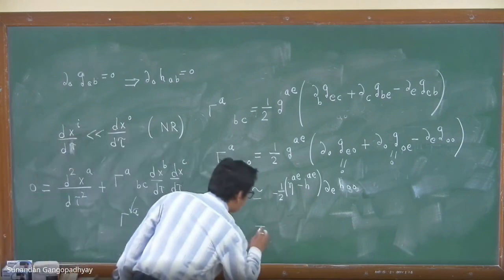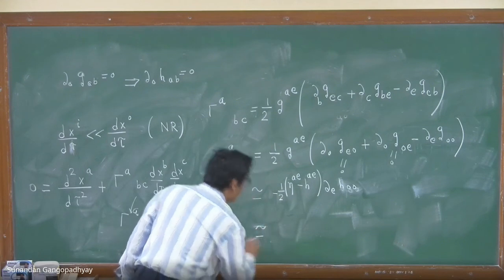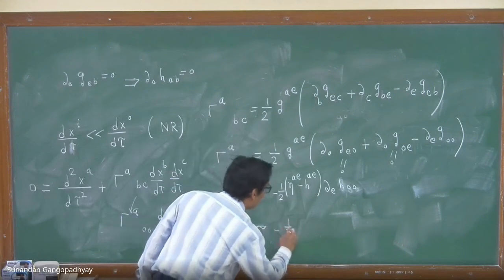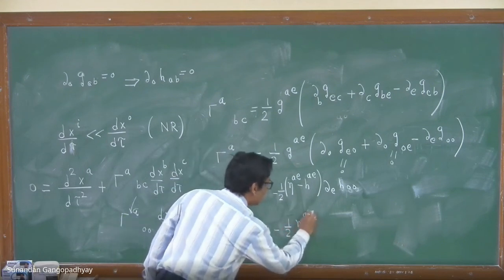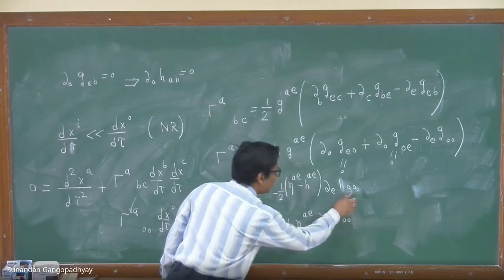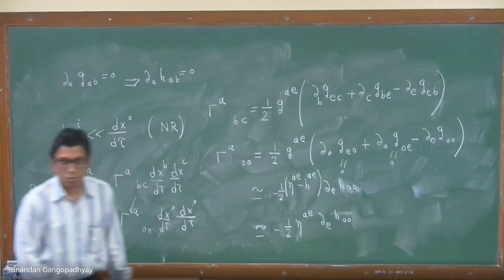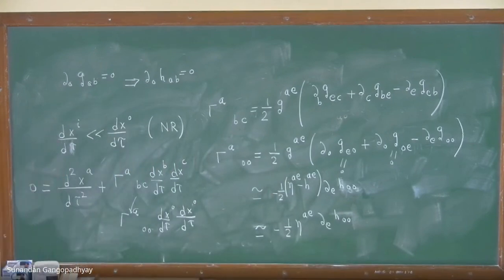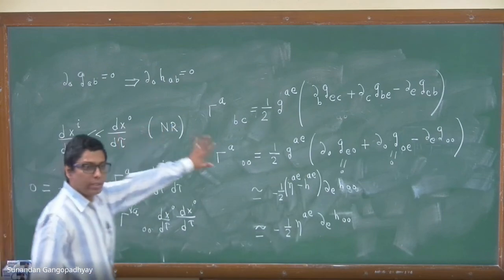So in that approximation, this is approximately minus half eta^AE del_E H_00. This times this is order H squared, so throw it out. So we have imposed all the three approximations.